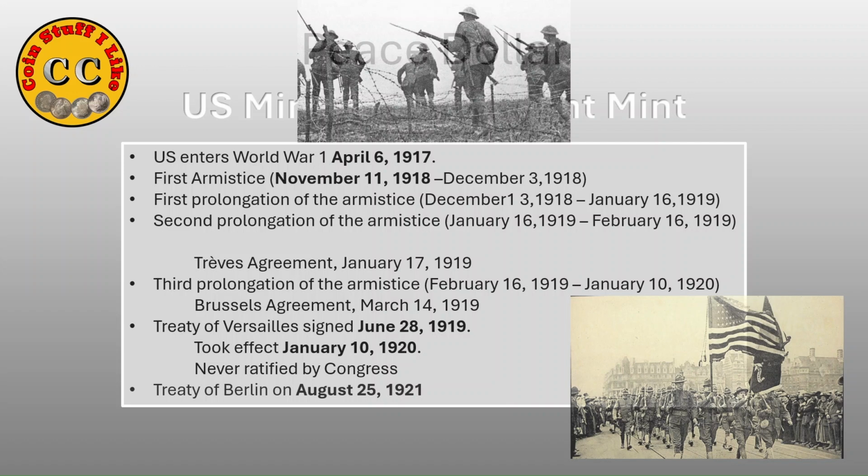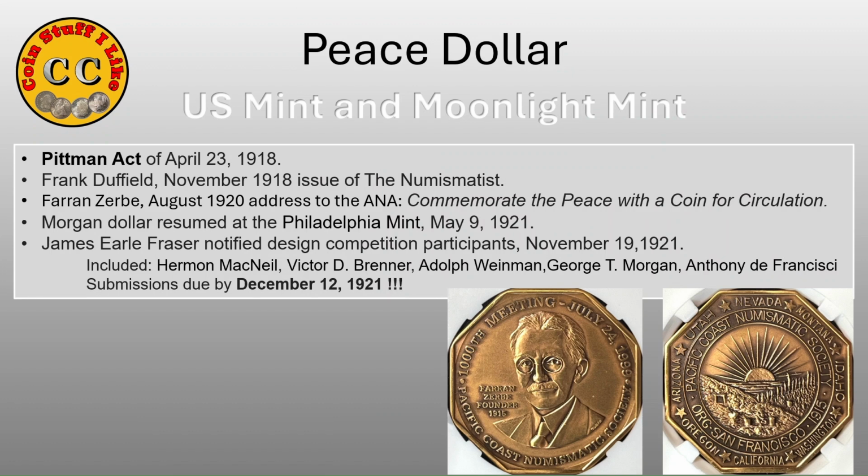Now, on the domestic scene, there's some dates that I want to go over as well. The first one is the Pittman Act of April 23rd, 1918. This act was enacted in part to assist Great Britain with silver and manipulating the silver price in Great Britain's favor during the war.